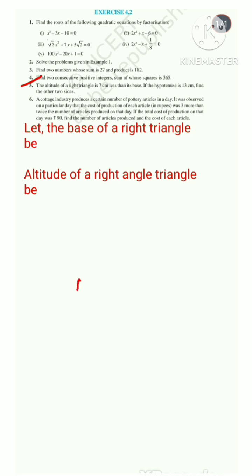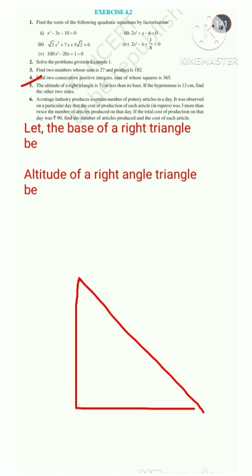Suppose this is a right triangle and its name is triangle ABC, and this angle is 90°.